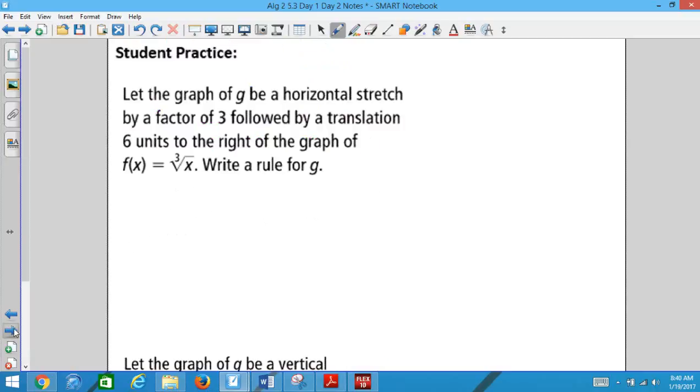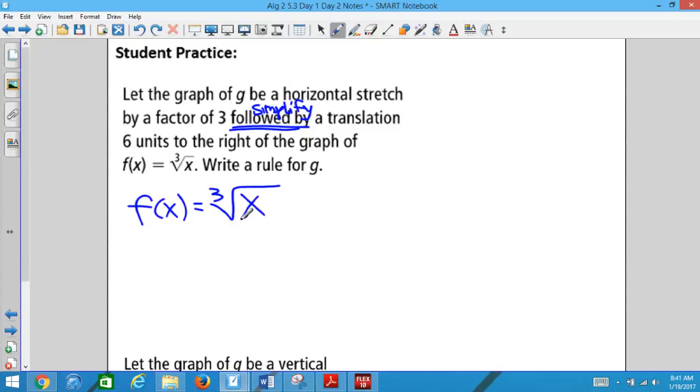The next one: let the graph of g be a horizontal stretch by a factor of 3, followed by a translation 6 units to the right of the graph. Is there a followed by? So we have to do one part, simplify, then do the other part. We're going to start with f of x equals cube root x.